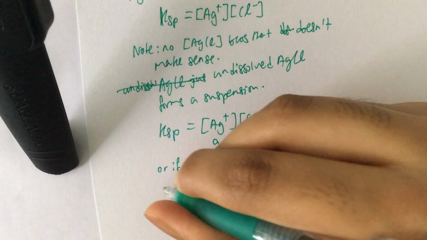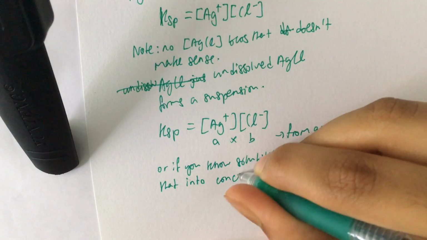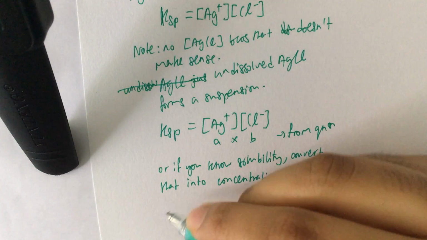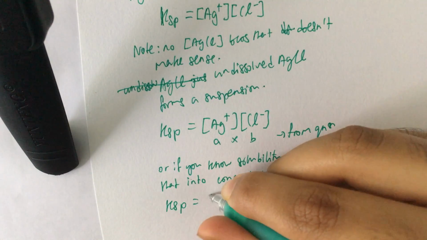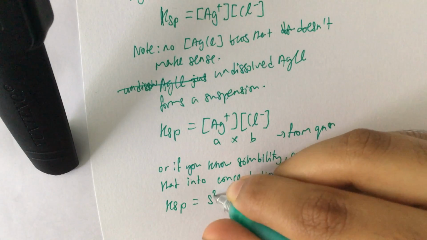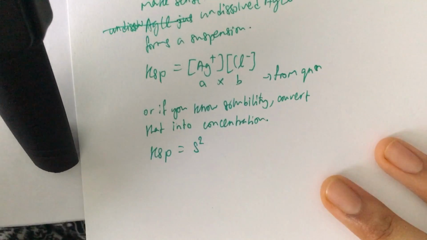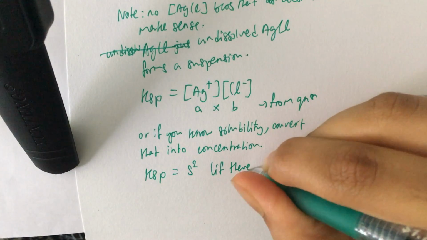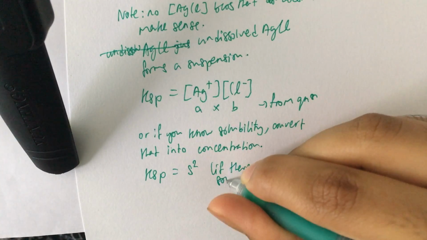Vice versa, if you want to find out how much has dissolved, you can do the same thing that we did with acid-base. We have that small s, and we assume that the dissolution is very small. So KSP equals the concentration of Ag+ times the concentration of Cl-, over the concentration of AgCl.